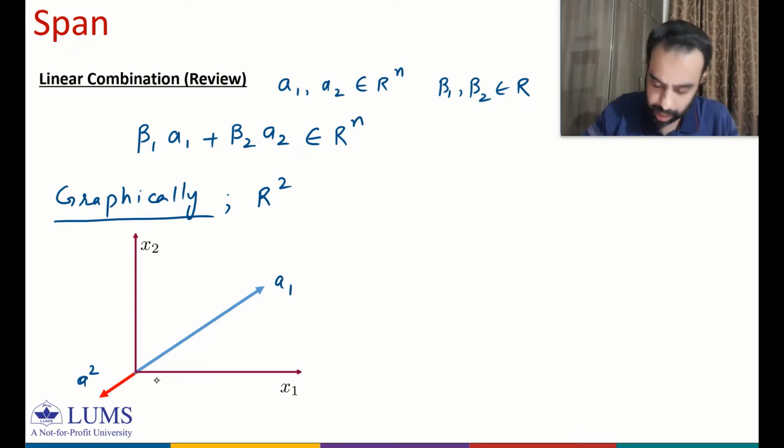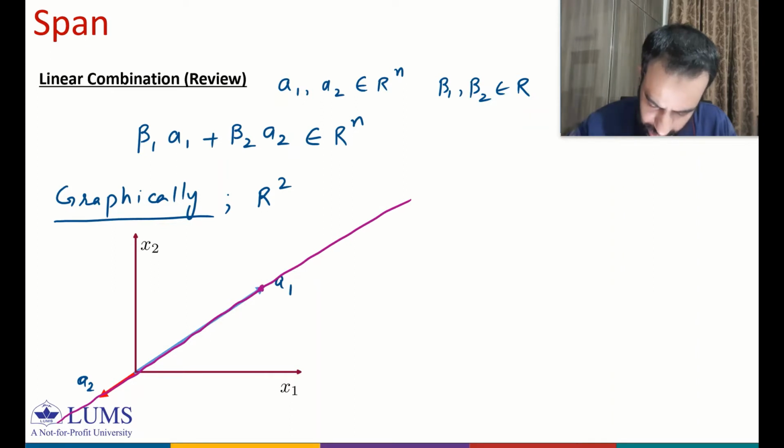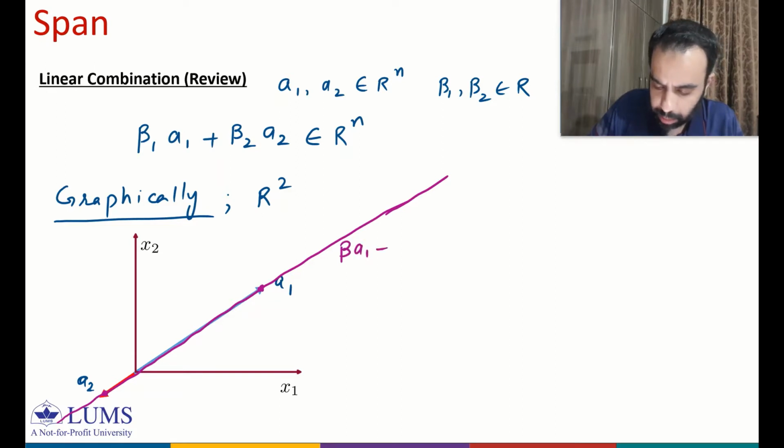If I ask you what the possible linear combinations of a1 and a2 are, where you're free to choose beta1 and beta2, that would be in fact this whole line passing through a1 and a2. a1 represents this point, a2 represents this point, and all of the points on this line are beta times a1 plus beta times a2.